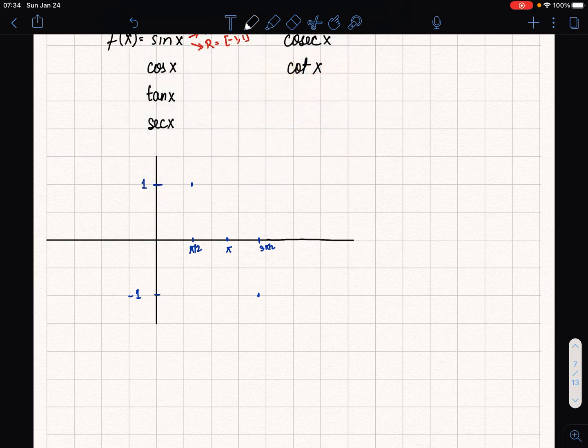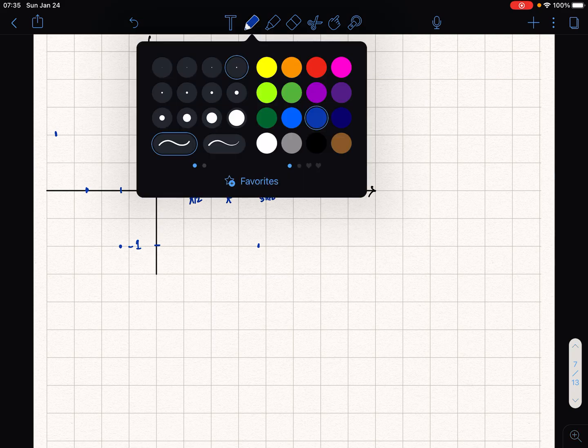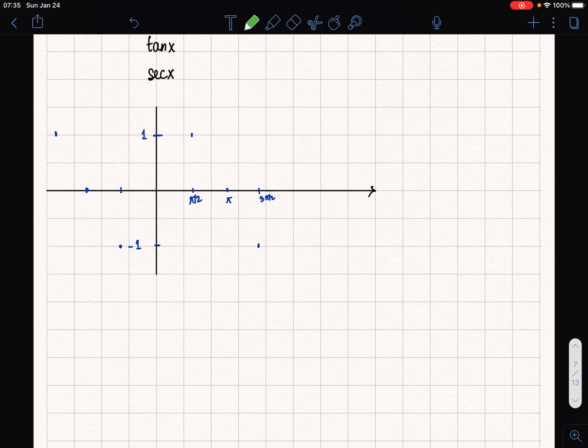Sine, as you can see, is an alternating function. Similarly, at -pi by 2, sine attains -1. At -pi, sine goes to 0. While at -3 pi by 2, sine attains +1. Now we plot it. The graph would look something like this.